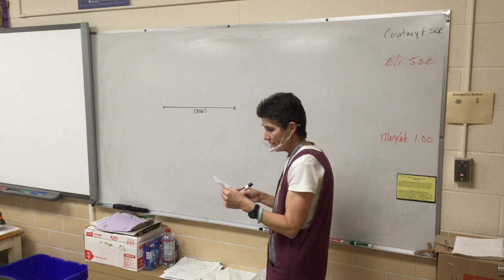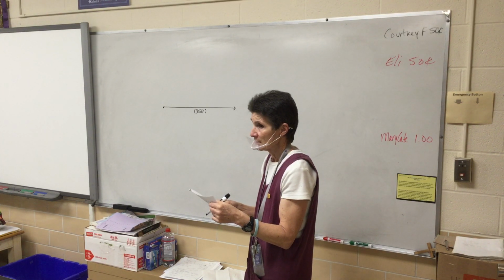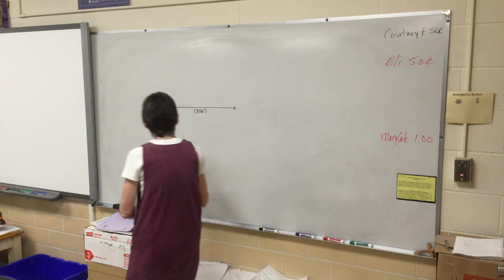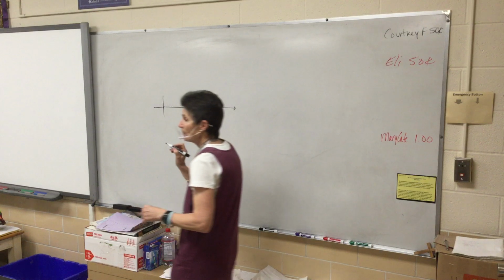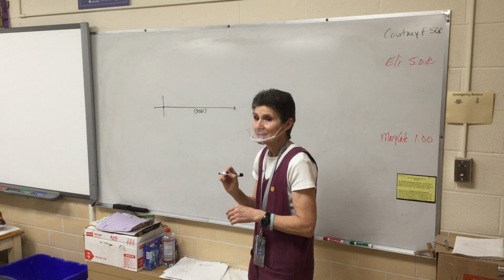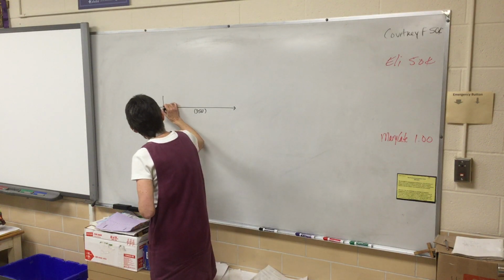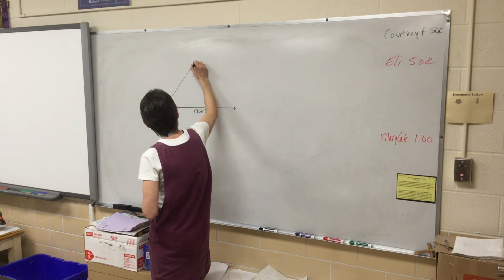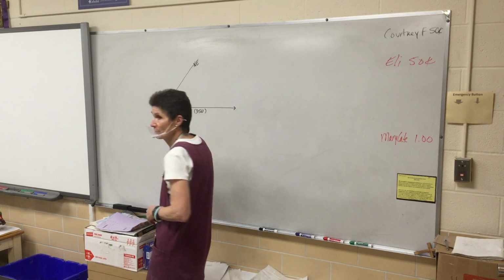So here's one airplane going due east at, I'll just make a note here, 350 miles an hour. The other flies east-northeast. Okay, so let me put my compass here. Now remember what east-northeast means. Northeast, this is northeast, and this angle would be 45. Would you agree with me?